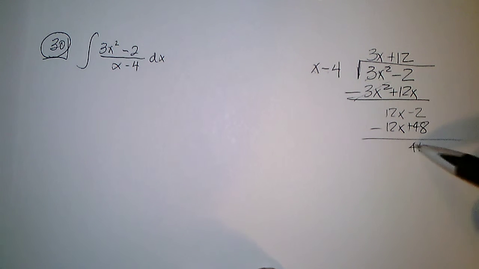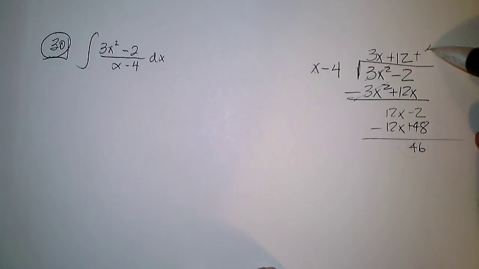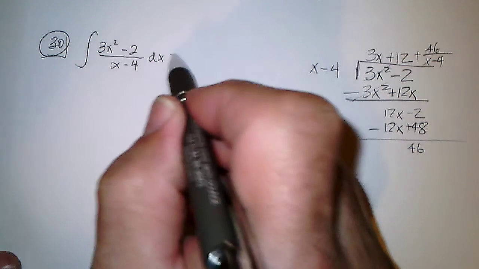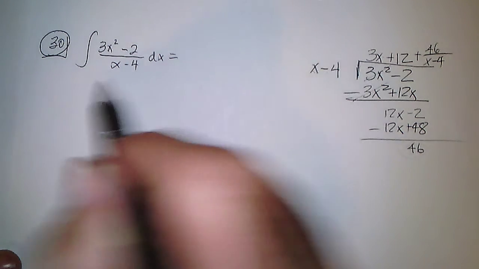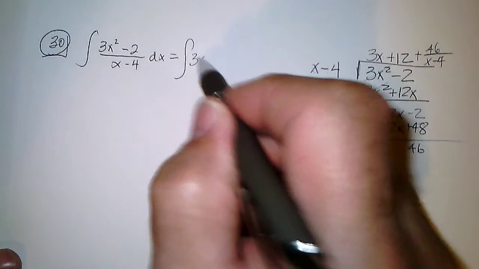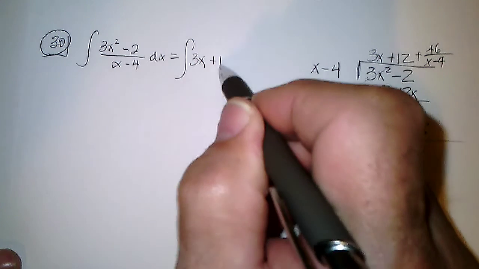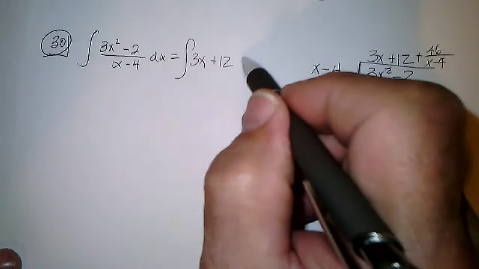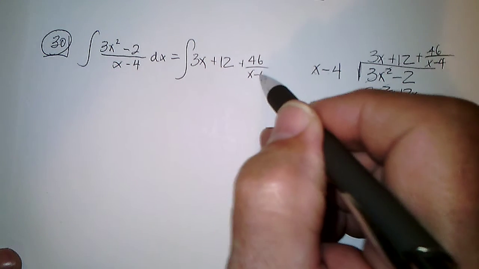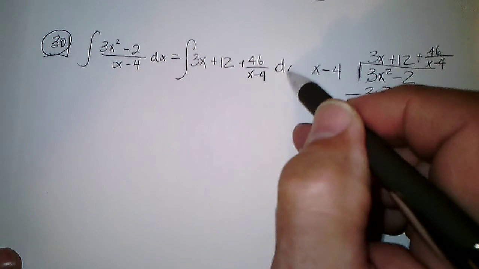And this degree is less than this, so then I stop and I put 46 over x minus 4. So this becomes the integral of 3x plus 12 plus 46 over x minus 4 dx.